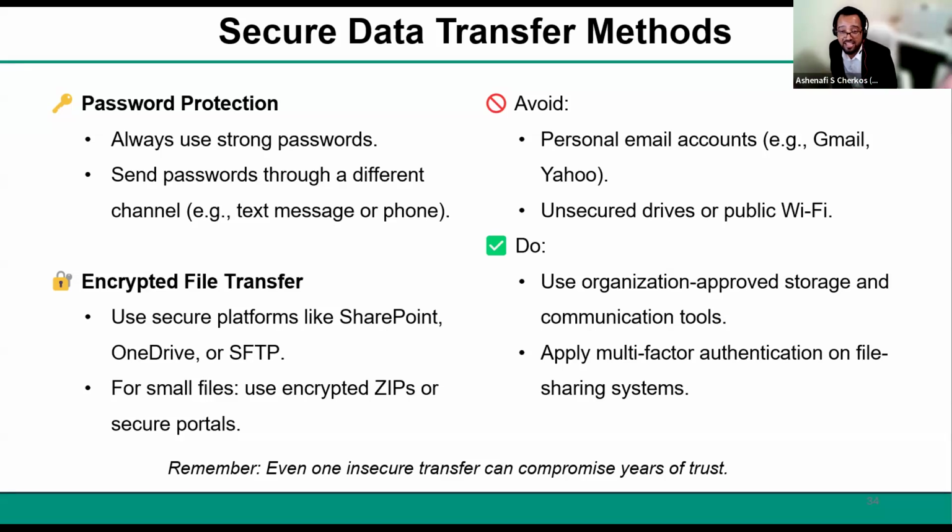But if we send the password through another channel, for example, if we can text the password to the receiver, or give them a quick call and give them the password over the phone, then even if the email is intercepted, we'll be able to protect it. But if that's not possible, then we can send the password in another email.